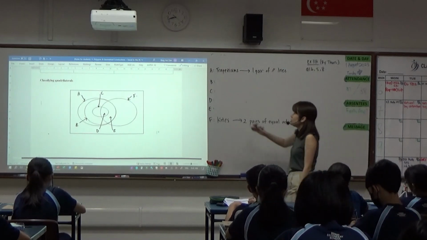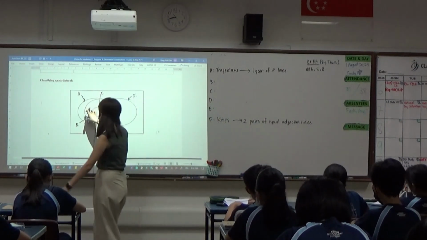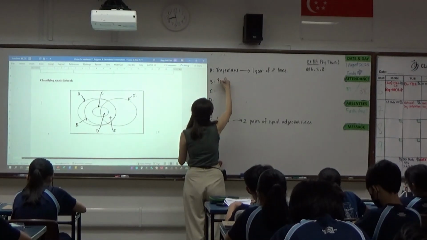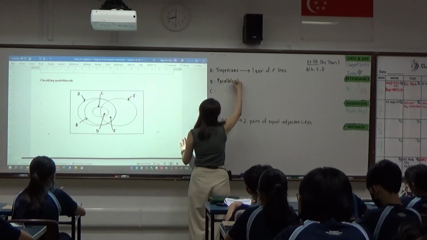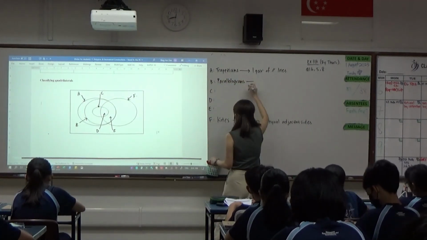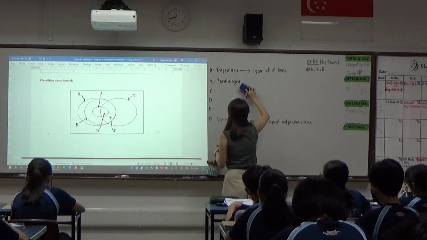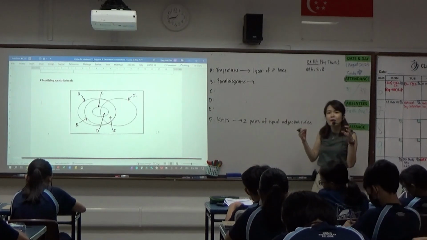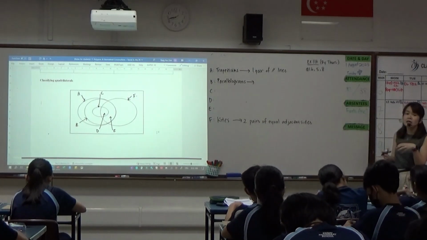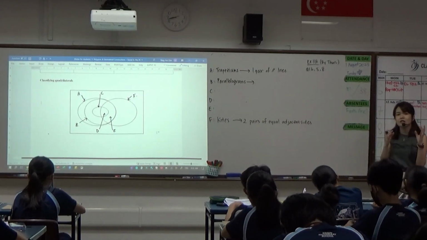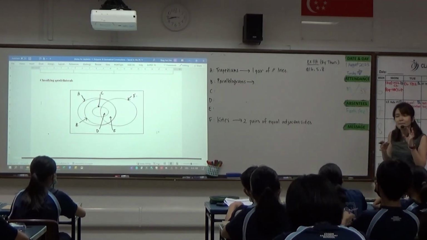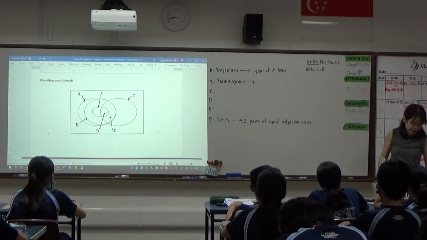Then earlier on, after trapezium, we saw that there is our parallelogram. Why is parallelogram inside? It is because, other than it being a trapezium, there is also one added condition: there must be one more pair of parallel lines.